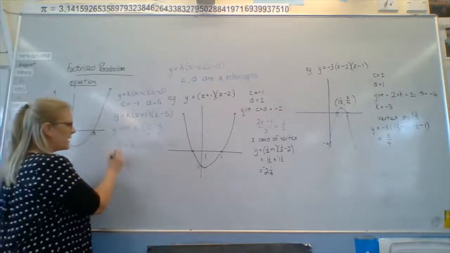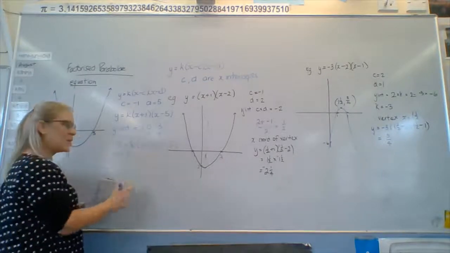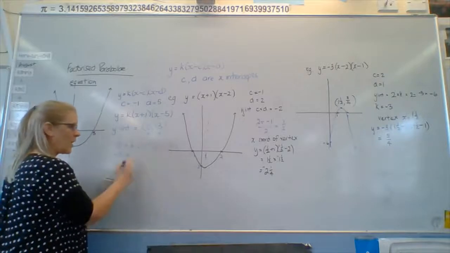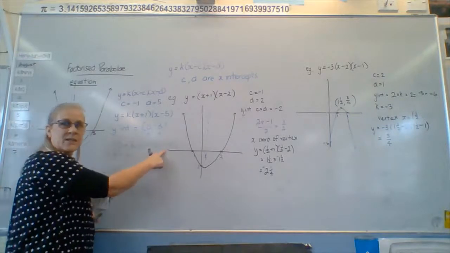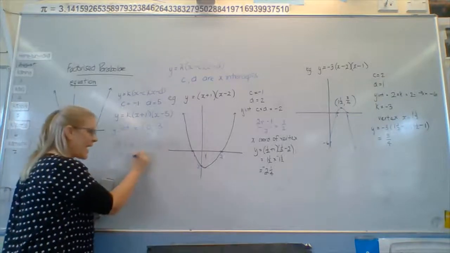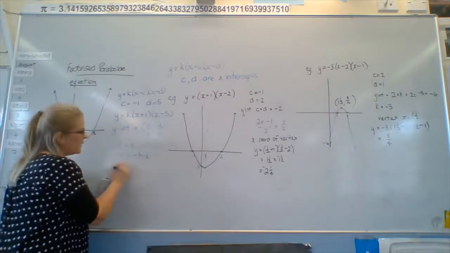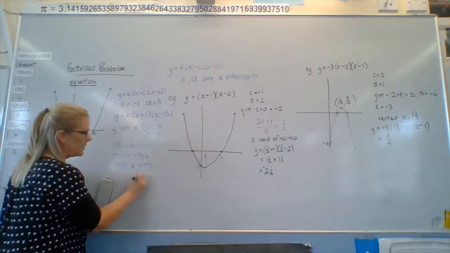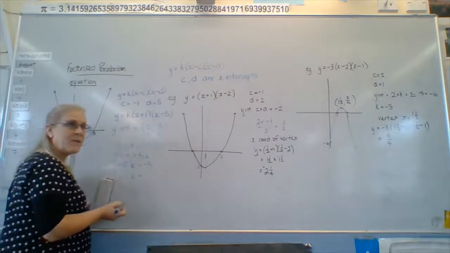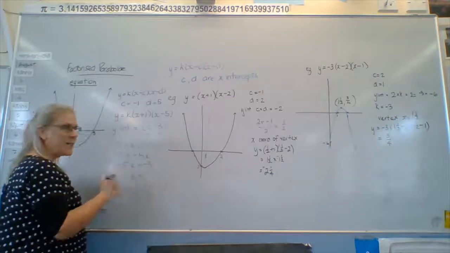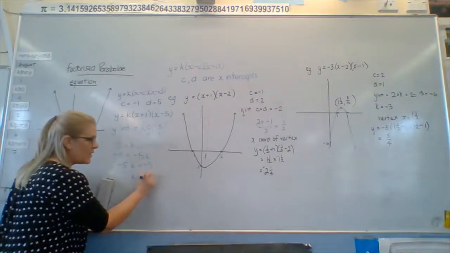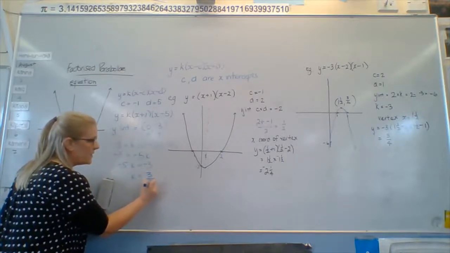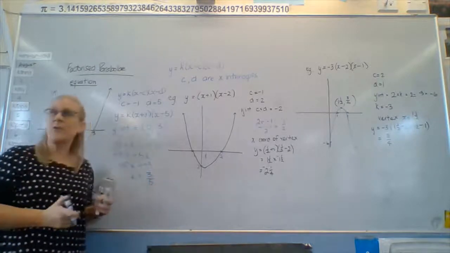So we've got -3 equals k times 1 times -5. 1 times -5 is -5k. So -5k equals -3. What does k equal? -3 over -5. Nice. A negative over a negative is positive. 3/5.